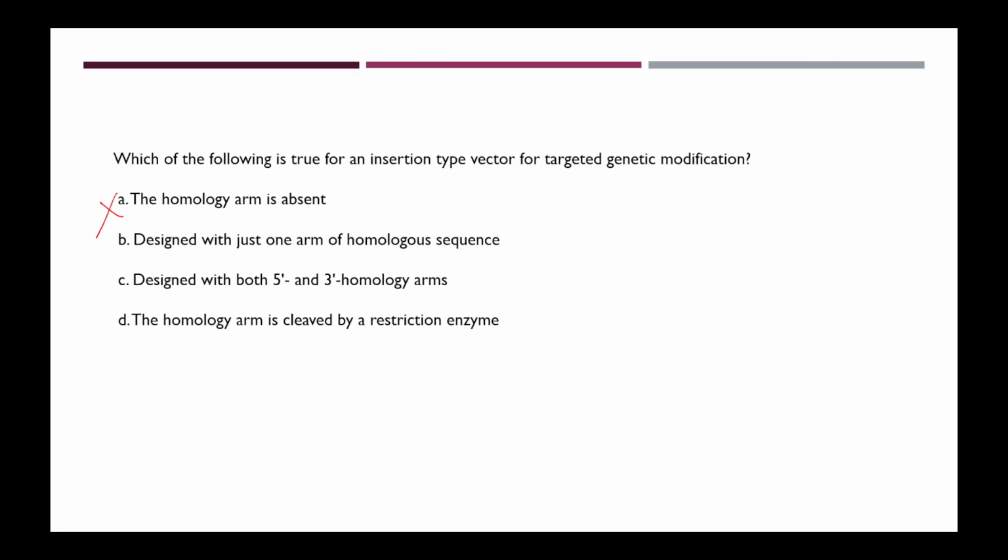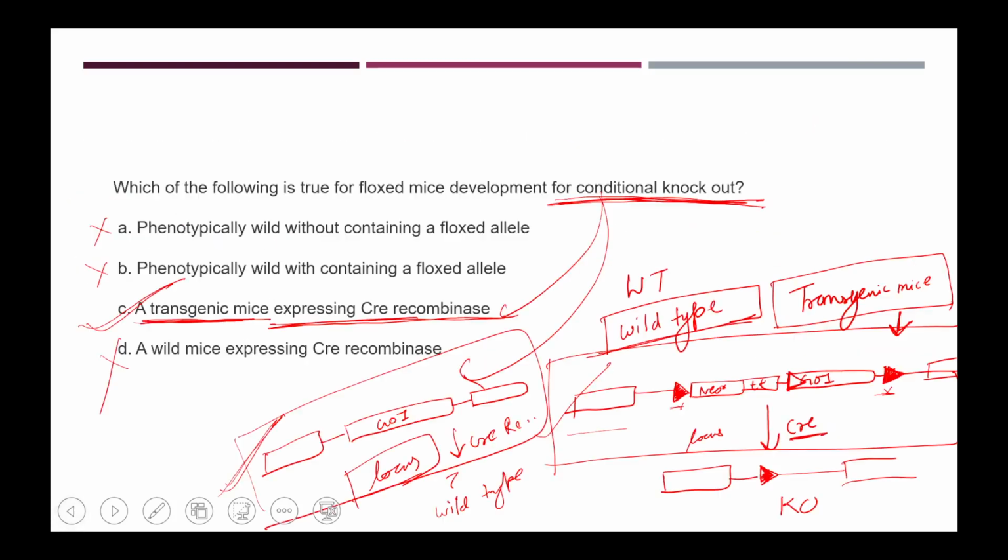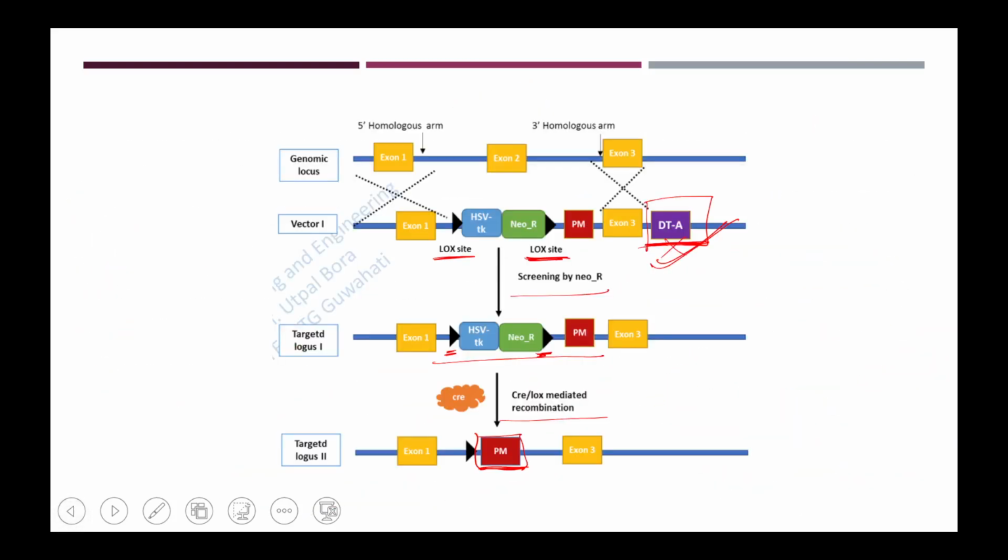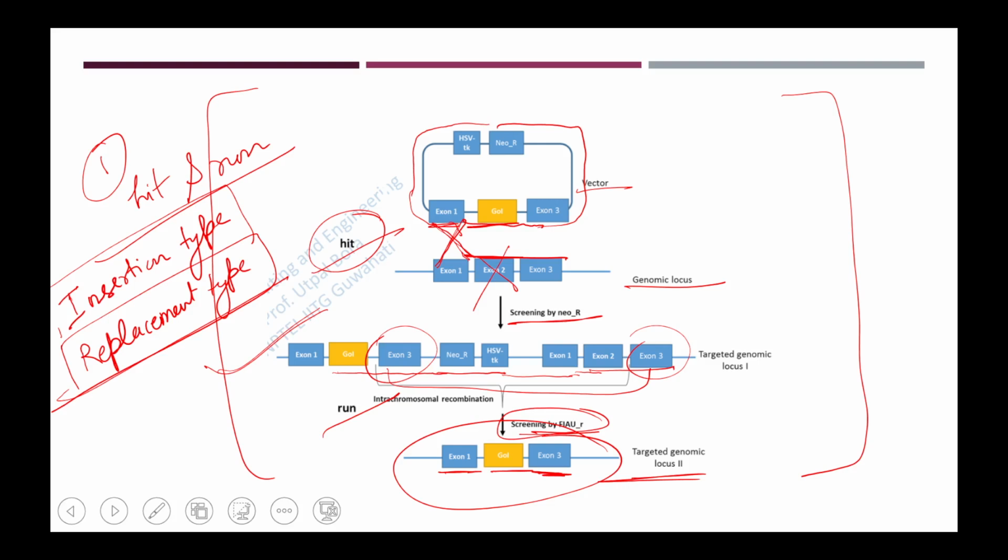True? Yes. These insertion type vectors are performing single crossover. Single crossover means only one homologous arm is provided. Like here in the previous one, you can see only this one is homologous.